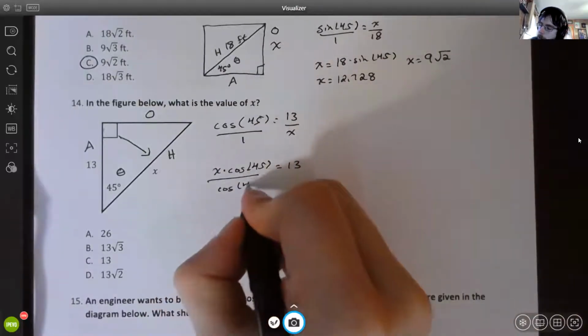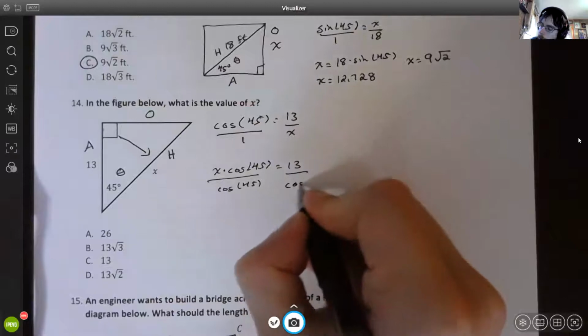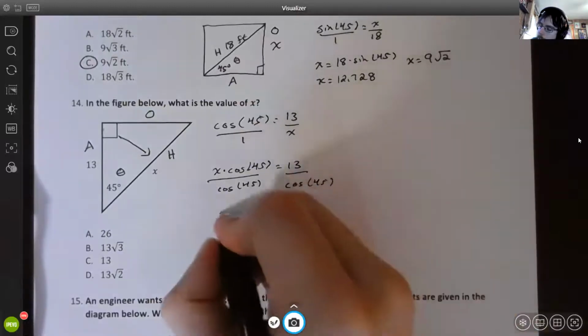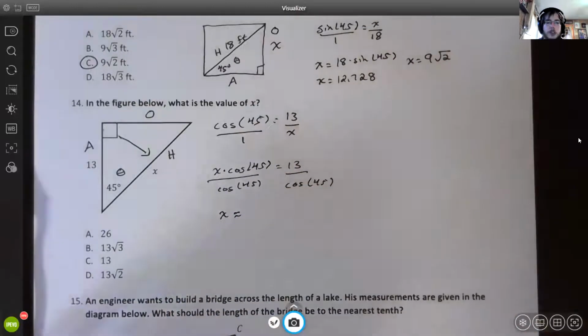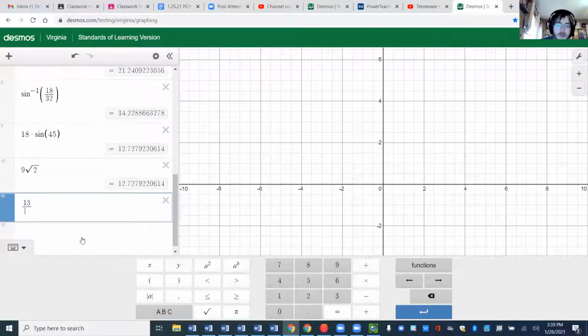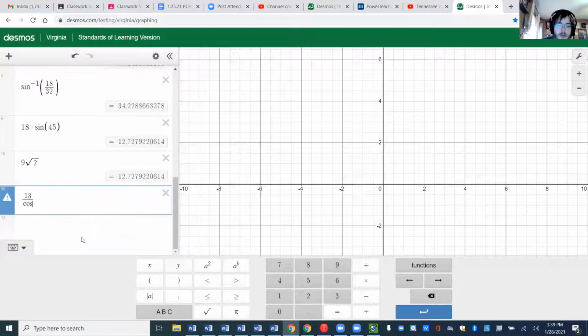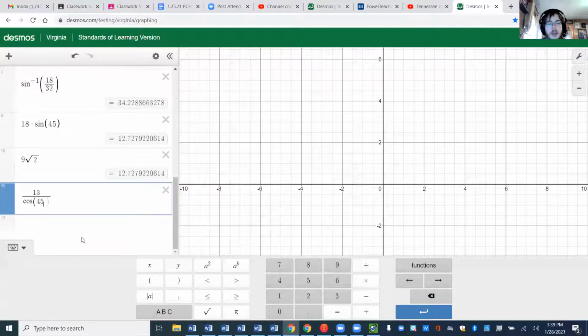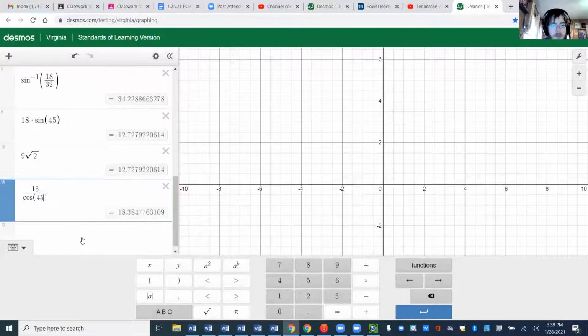Divide both sides by cosine of 45, and we get that X is equal to 18.4.